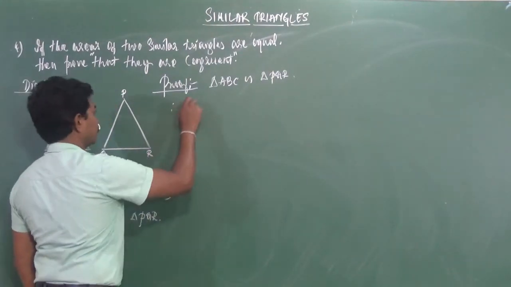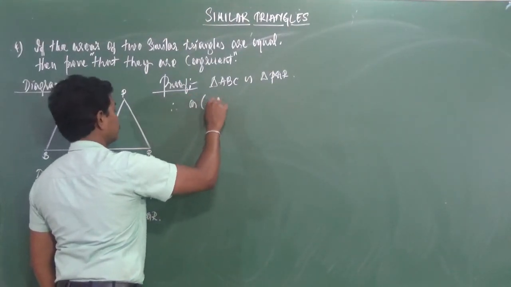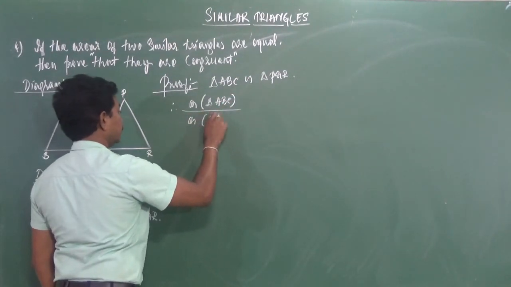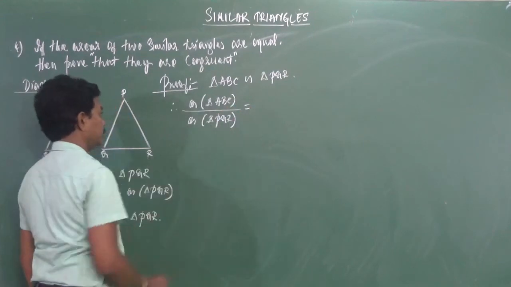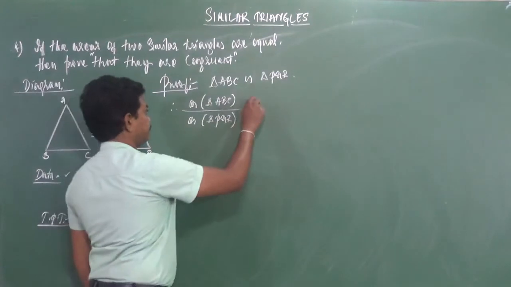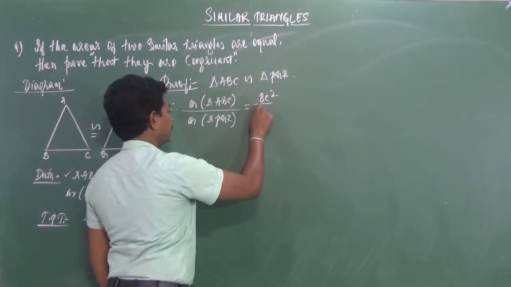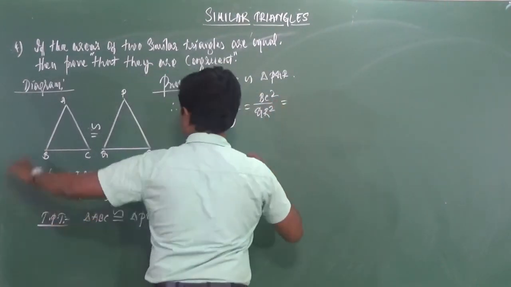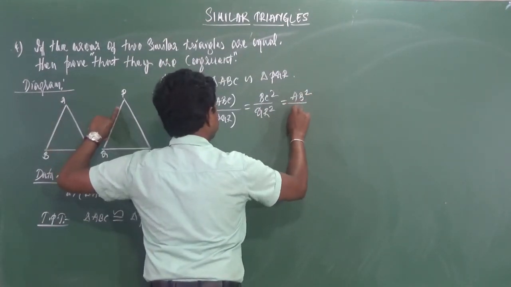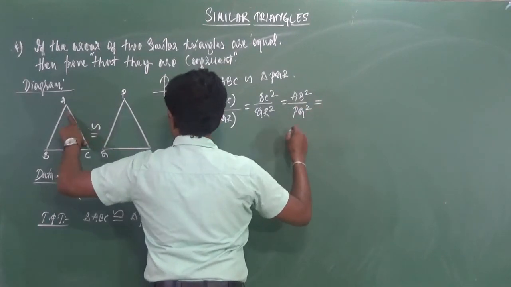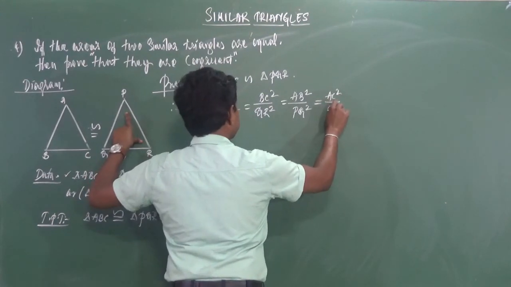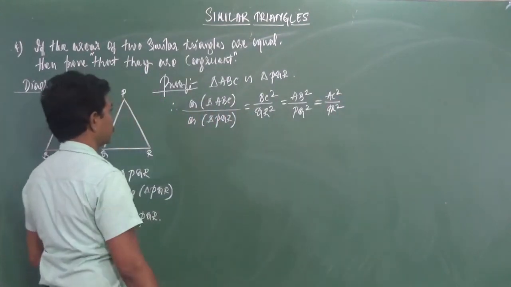Therefore, area of triangle ABC by area of triangle PQR is equal to BC square by QR square, which is also equal to AB square by PQ square, which is also equal to AC square by PR square.